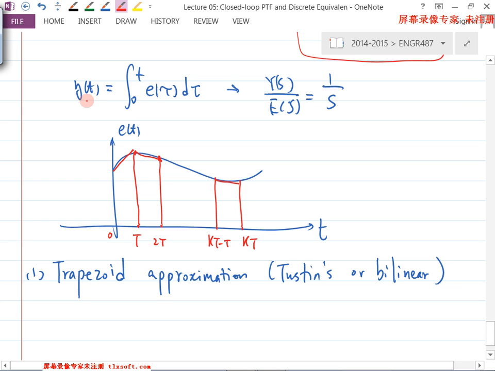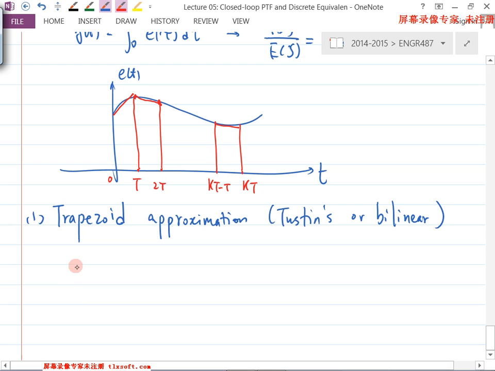So the area, which is y of t at here, is essentially the addition of all the areas of the trapezoids. But we're not going to add all of them together. I'm looking for the area up to the kT moment, and I'm going to separate this into two portions.